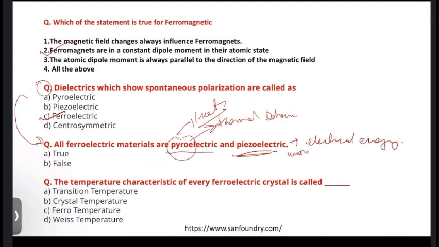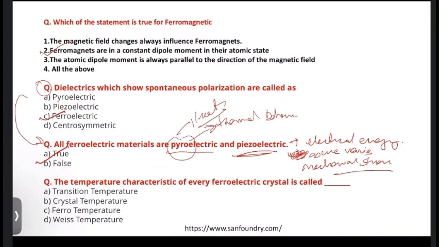with variation of mechanical stress. We have read about mechanical stress, plastic deformation, superplastic deformation, everything. So this is a true statement.